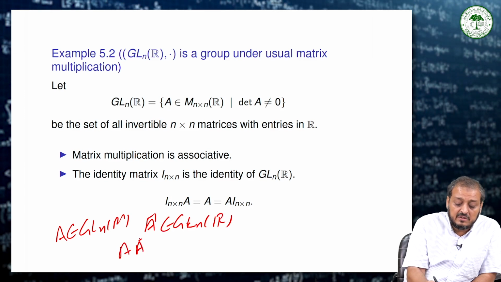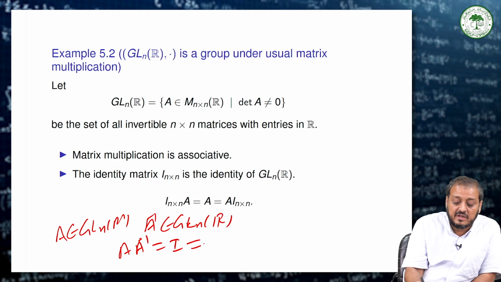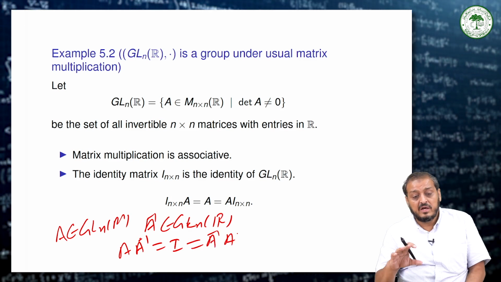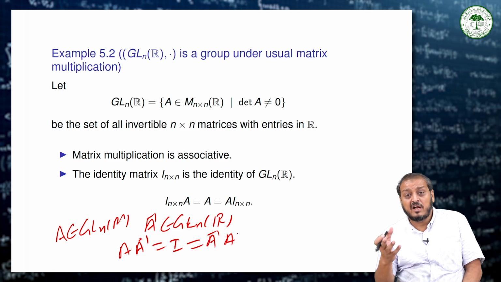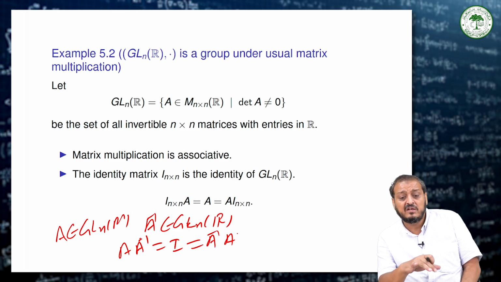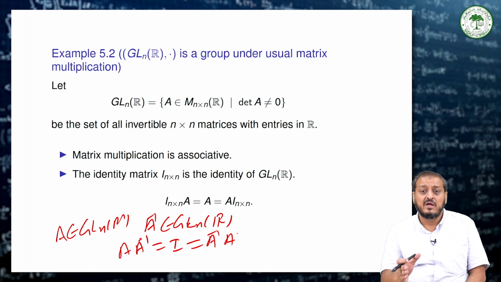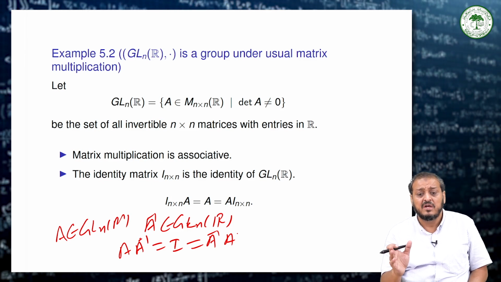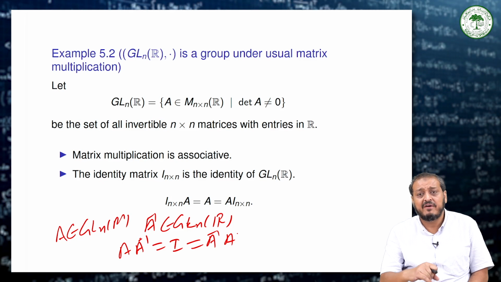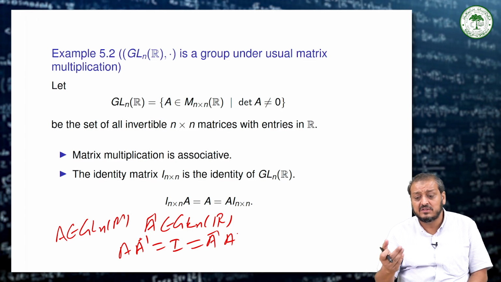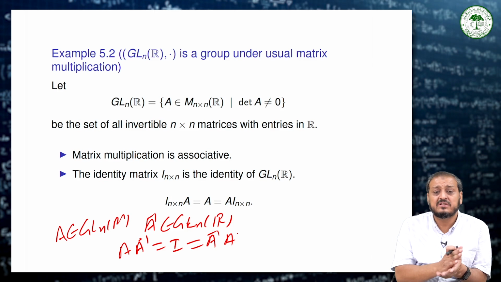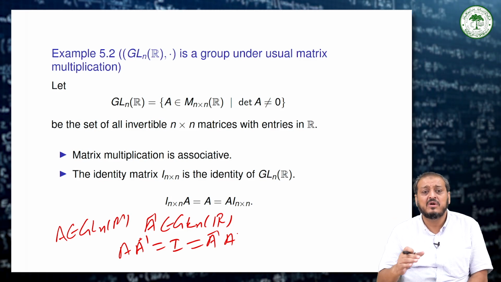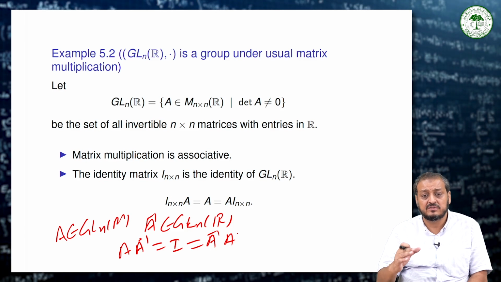A inverse times A gives the identity element, and A times A inverse is also the identity. So every element has an inverse, and this forms a group under the usual matrix multiplication.